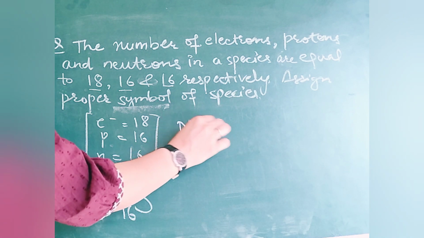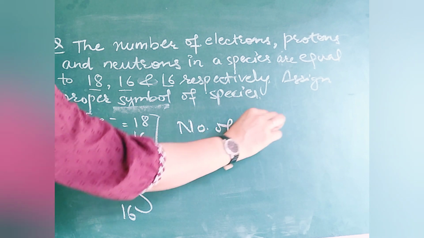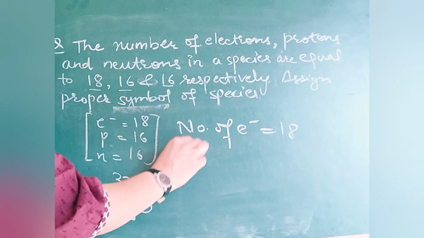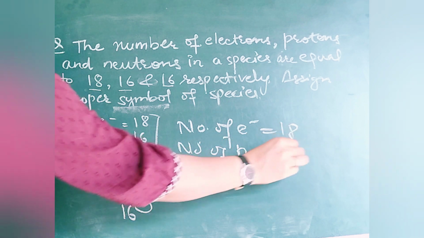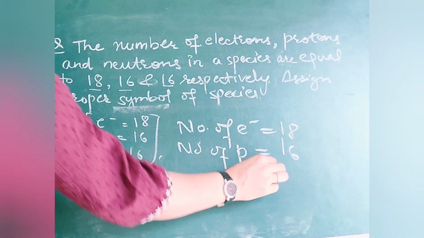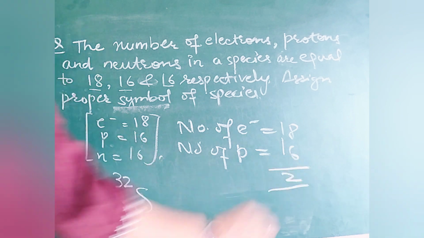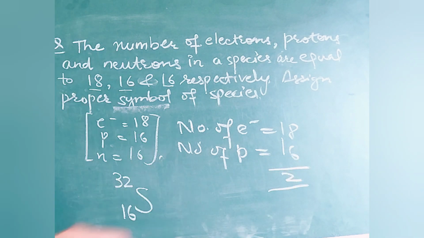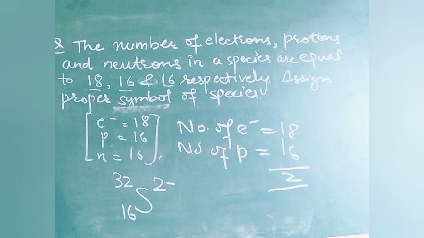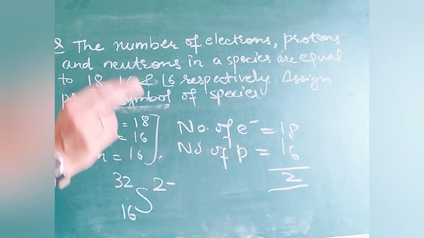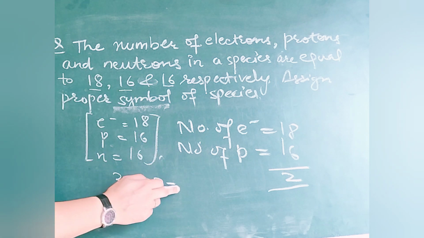Number of electrons are 18 and number of protons are 16. So what is the difference here? That is 2. There are 2 more electrons. So we are having a charge here, 2 negative. That is, sulfur has gained 2 electrons. That's why it has gained 2 negative charge.